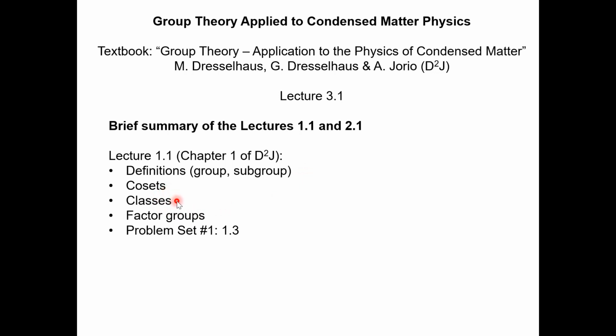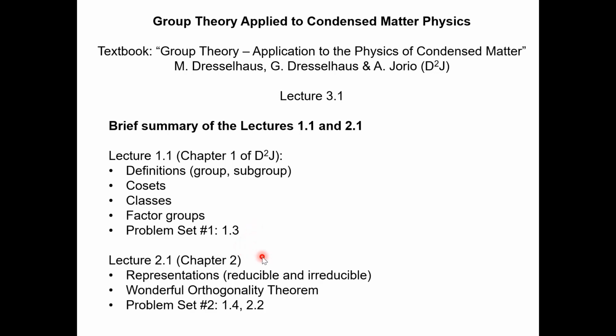We discussed the relationship between classes and symmetry, different types of symmetry operations of the group. The same type of symmetry operation will belong to the same class, roughly. That's the idea. We discussed factor groups, and we had one problem, which is problem 1.3 of the textbook.